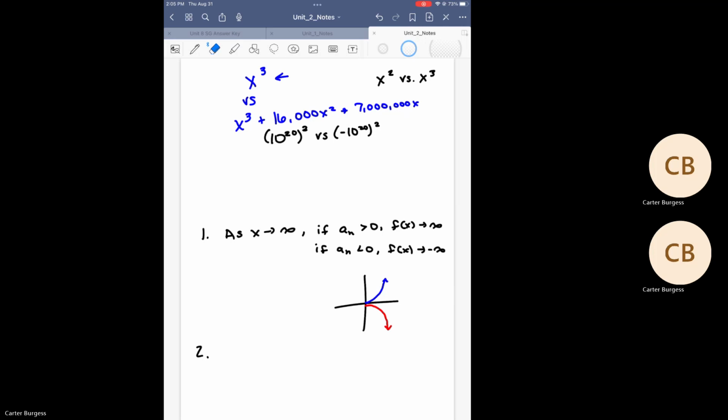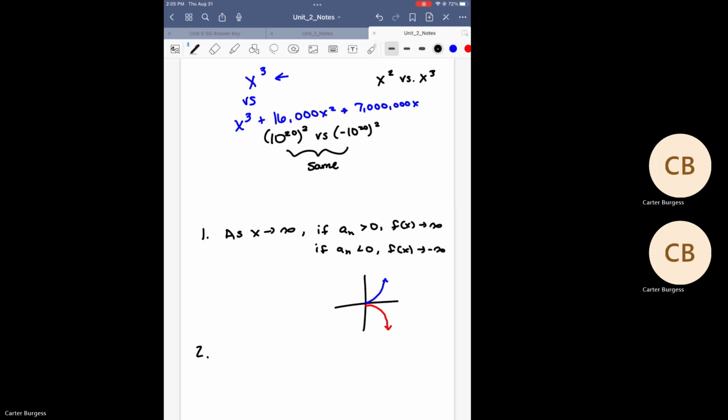What's going to be true about those two values? They're the same thing. In other words, our even-powered exponents don't care whether we are going towards positive infinity or negative infinity. We're going to see the same behavior.